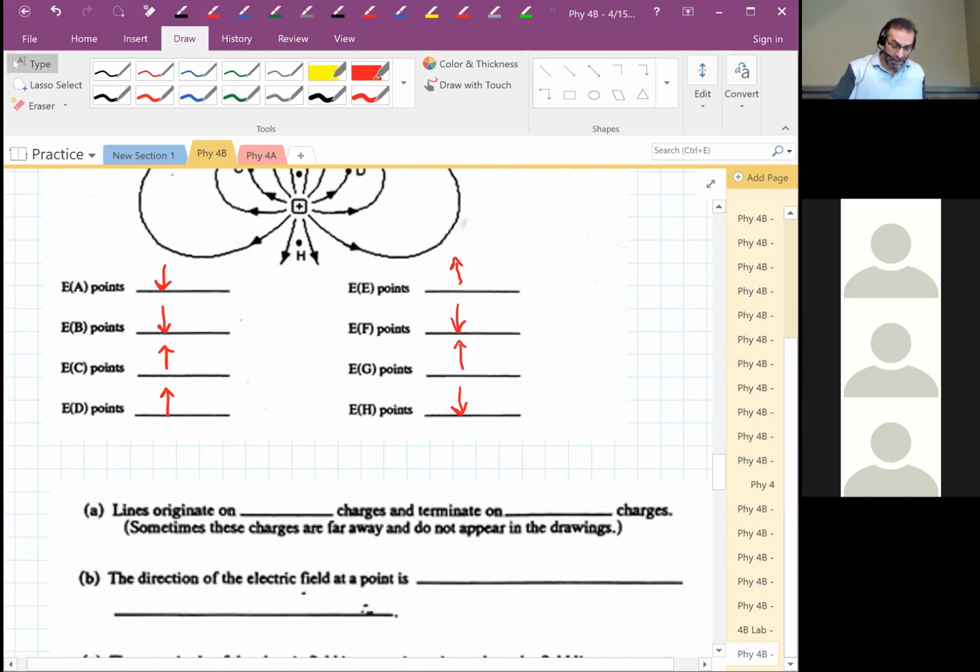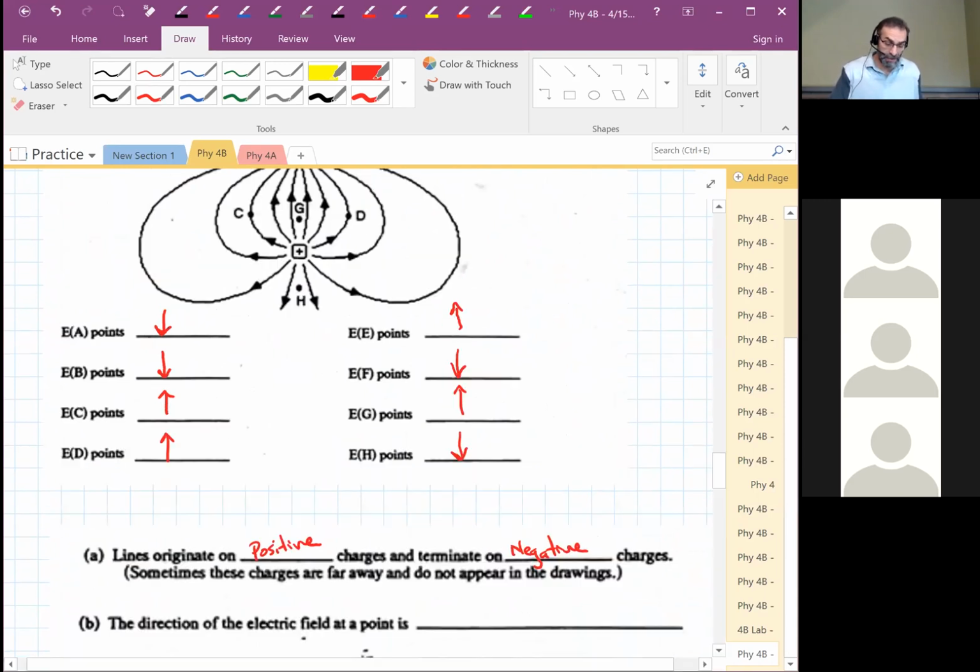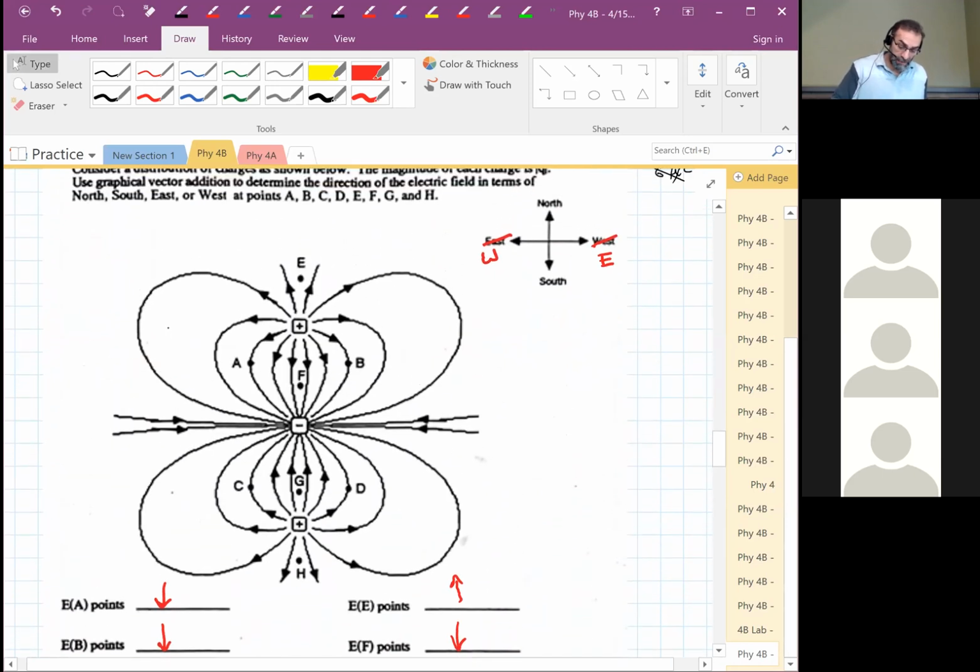So this would be positive charges, and this would be negative. It says sometimes these charges are far away and do not appear in the drawings, like here. So we've got these lines going off somewhere, right? Maybe this line is going way off and coming back in over here.